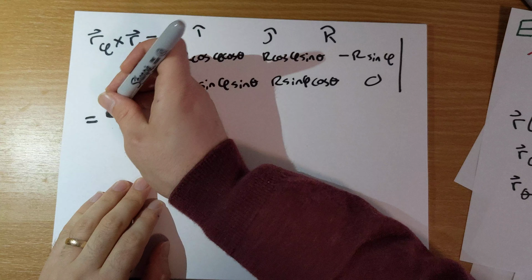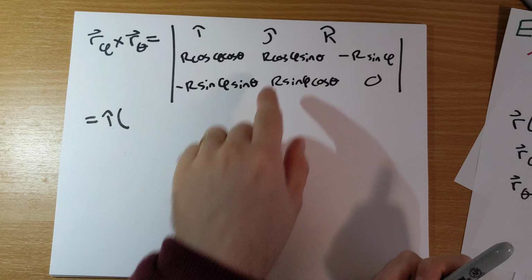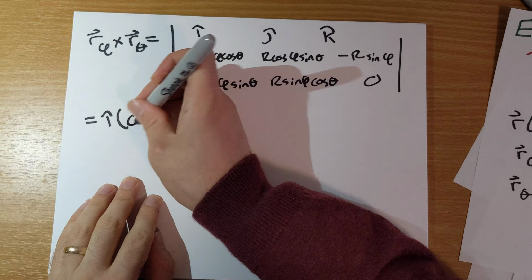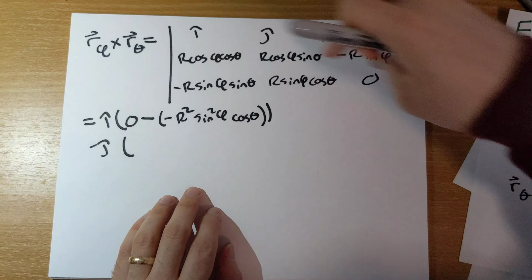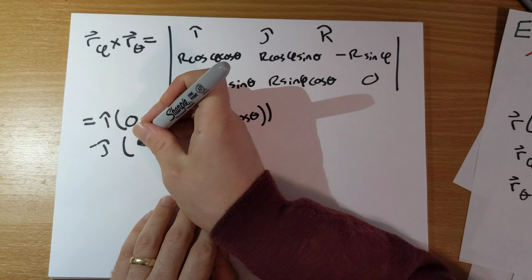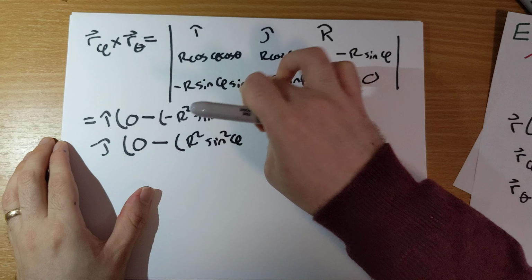When we do the cross product, it's going to be i hat times this is 0, minus this times this, which would be negative r squared sine squared phi times cosine theta. Then minus j hat times this is 0, minus this times this; the minus signs cancel out, r squared sine squared phi times sine theta.